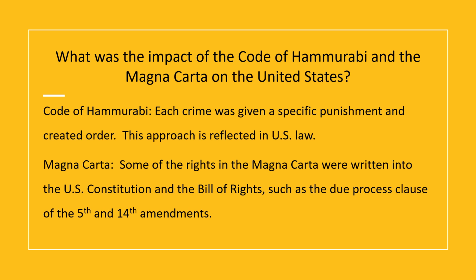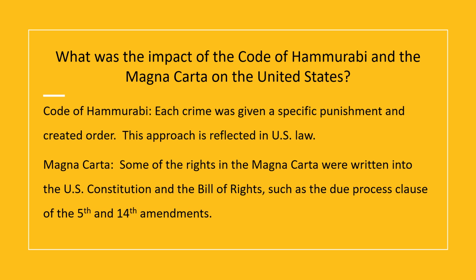With that said, the Magna Carta is reflected in some of the rights that were later added to the U.S. Constitution through the amendment process. For example, the Magna Carta, by limiting the power of the king, also guarantees due process to people who were accused of crimes. And there is a due process clause in the 5th and the 14th Amendments.